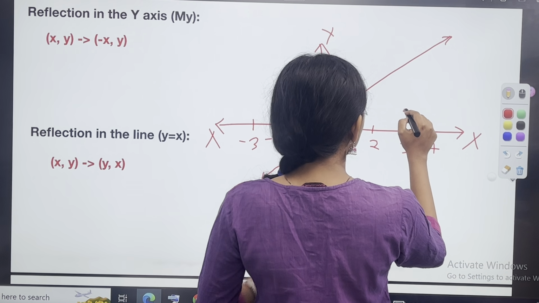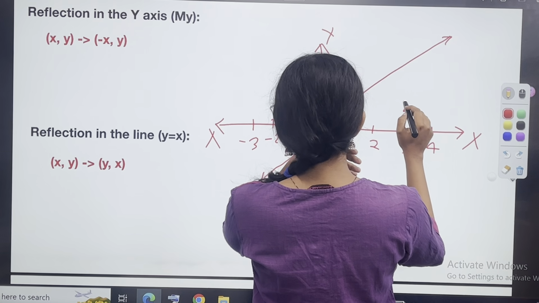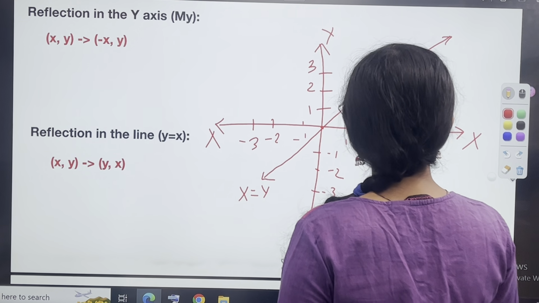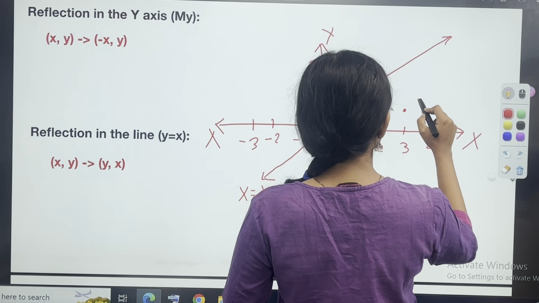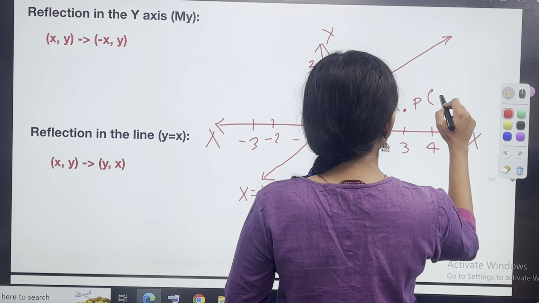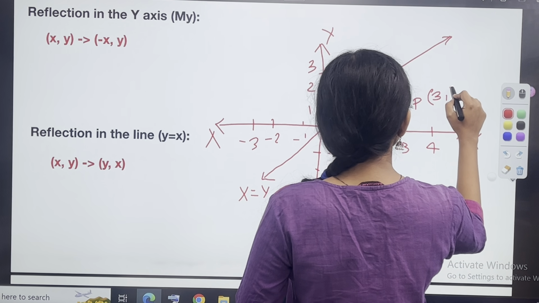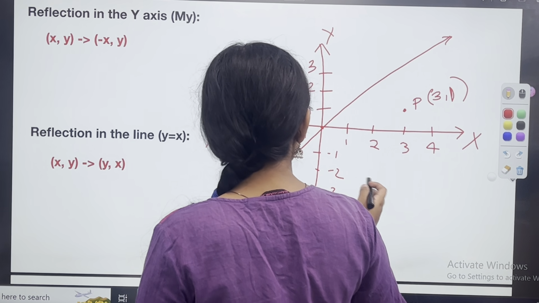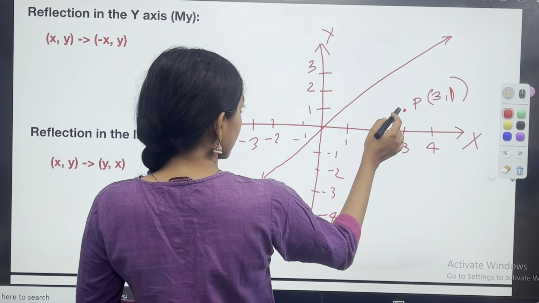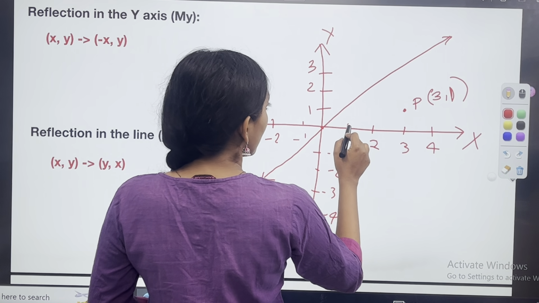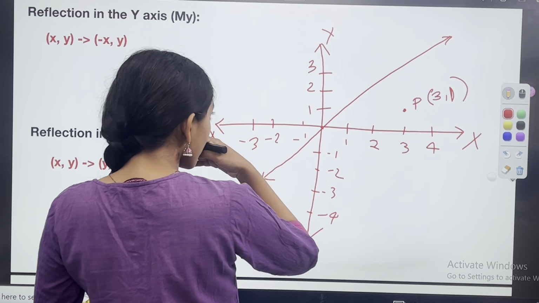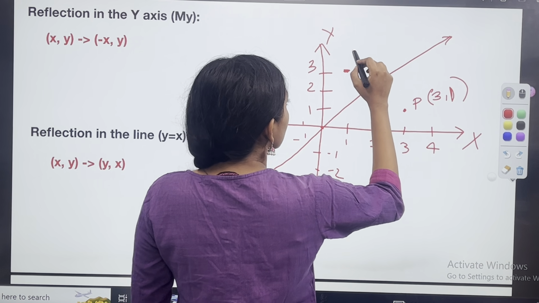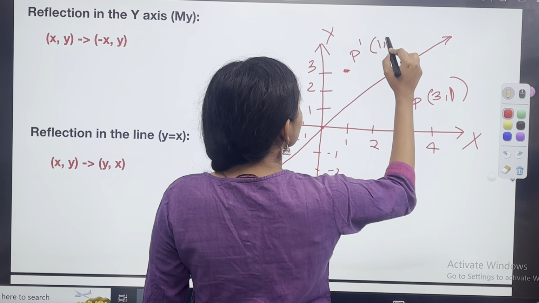So if you have a point, for example, 3 comma 1, and this particular point is reflecting along the line x is equal to y, P is equal to 3 comma 1, then P dash will become y comma x, which is 1 comma 3. P dash will be 1 comma 3.